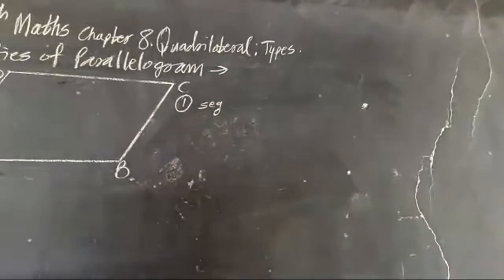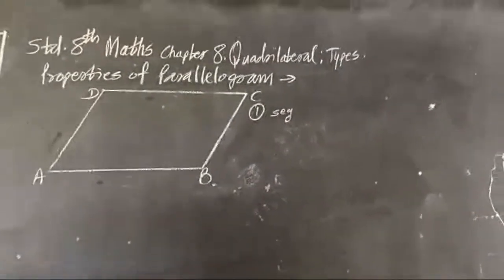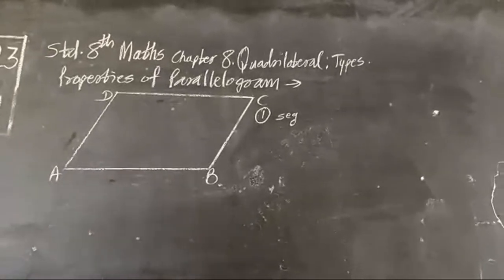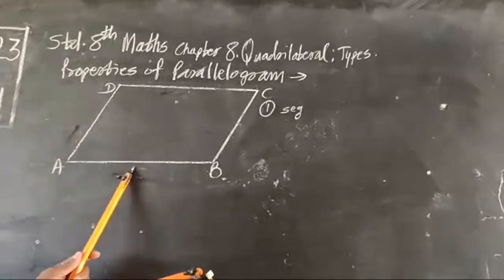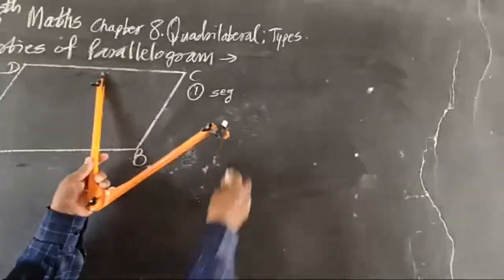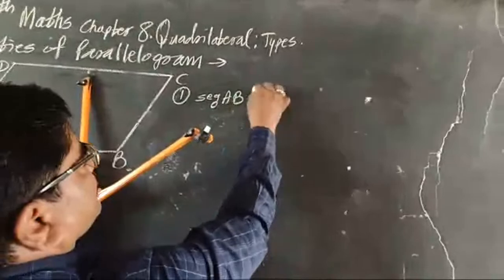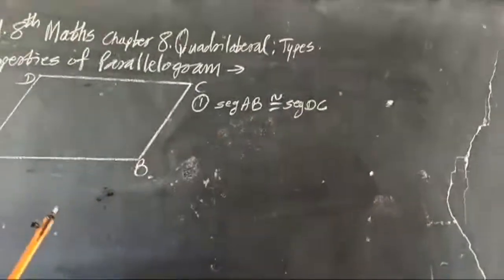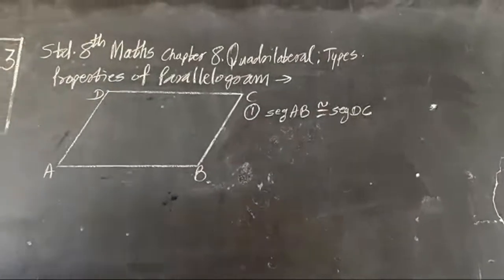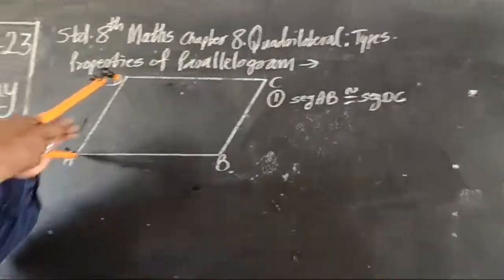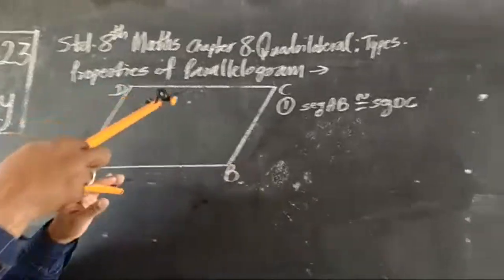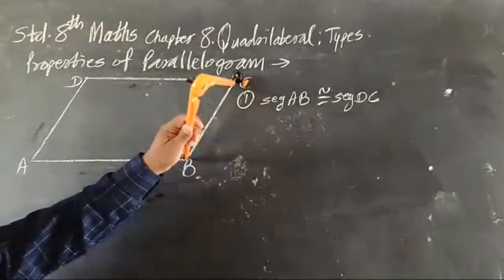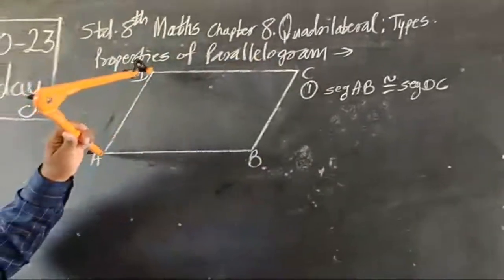Which sides do we get congruent? Segment AB is congruent to segment DC. Yes. And length AD and length BC, both lengths are similar or different?